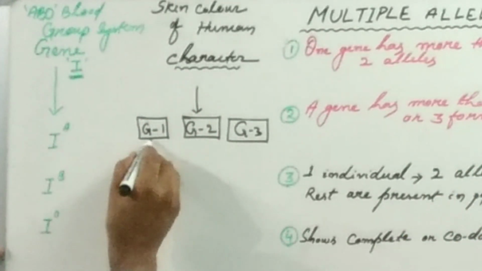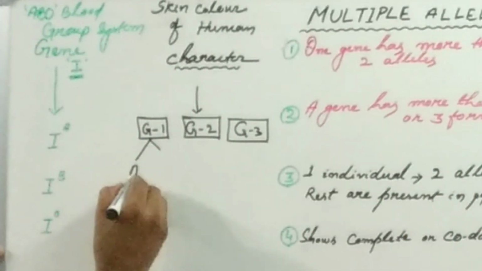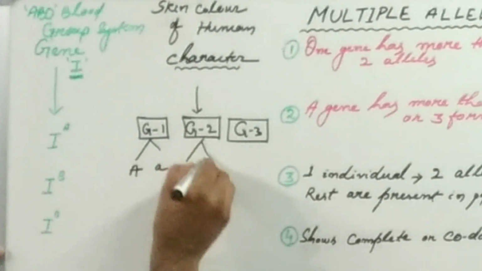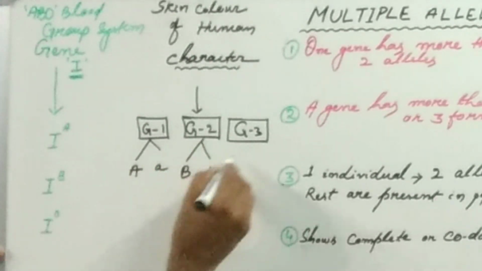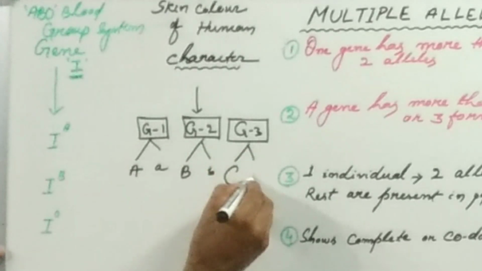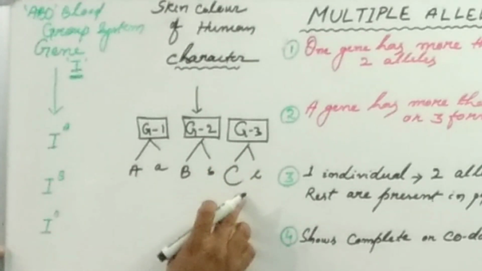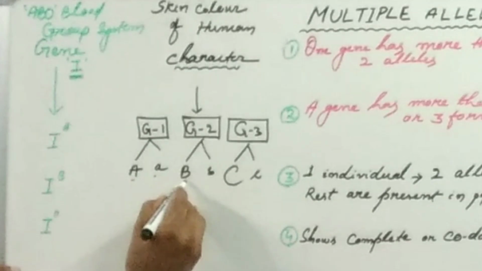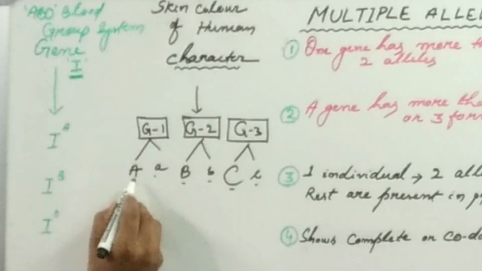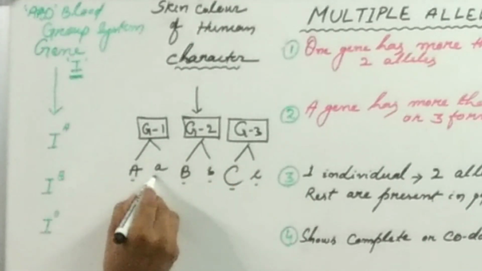Each gene again has two forms: capital A, small a, capital B, small b, and capital C, small c. So these are the two alternate forms. One is the additive gene, another is the non-additive gene.